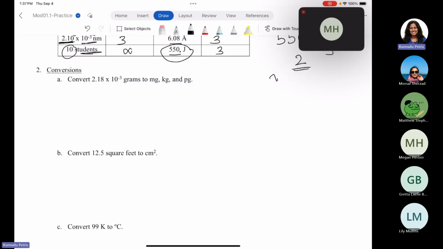Do we need to know the conversions? No, not for the first exam, not for the first unit exam. I'll try to give all these conversions just for the first unit exam. But beyond that, you will not be given these constants. You should know the very common conversions.